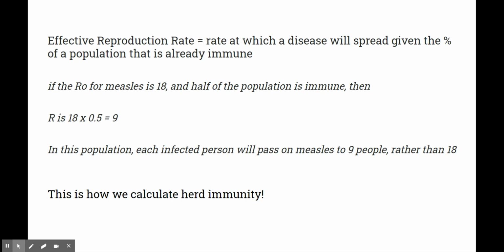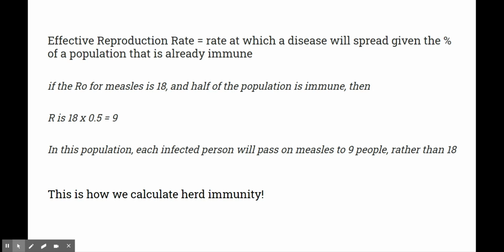So half the population is immune and cannot contract the disease. So actually, the effective reproduction rate is 9. So this number obviously will go down when more of the population is immunized. So that's why you want more people to get vaccinated because it drives this number down.